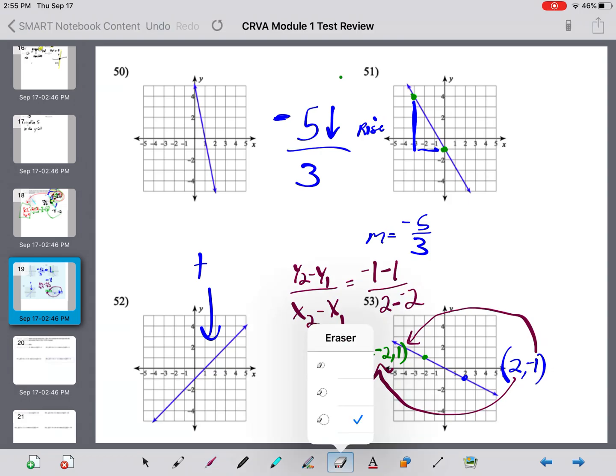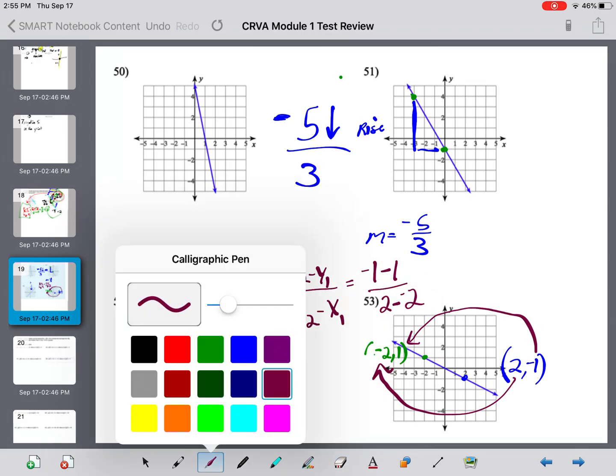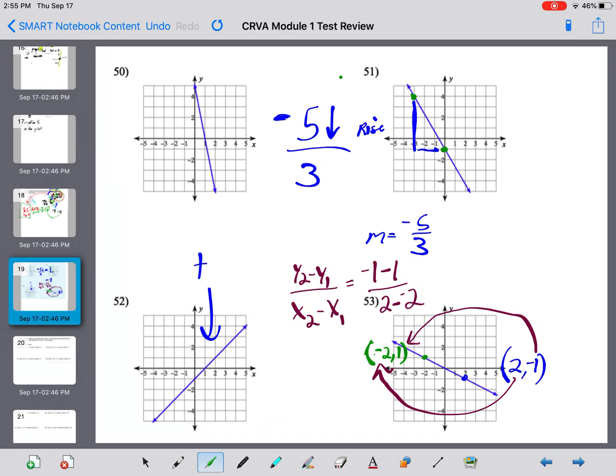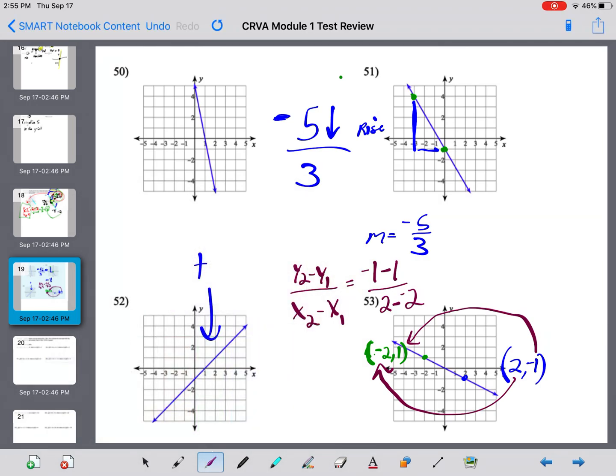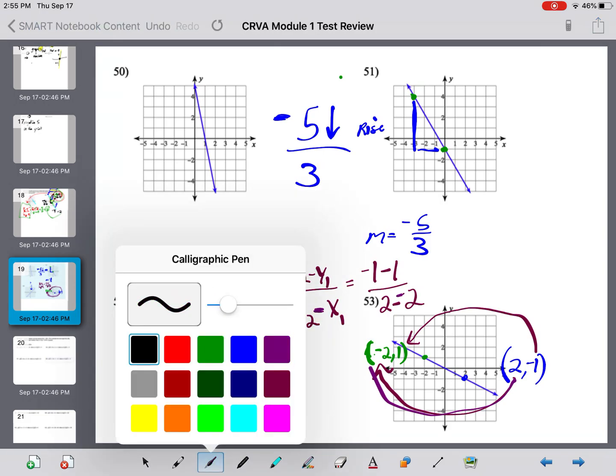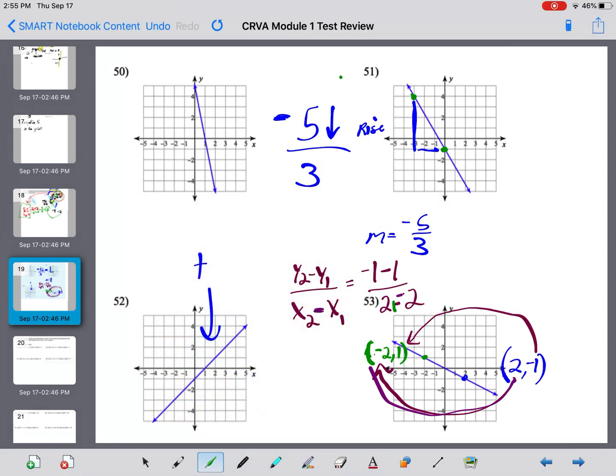It almost looks like I have 2 negatives here. That's not cool. I'm talking about the coordinate of this location. The location's negative 2, 1. But then, again, I do take positive 2, and I always subtract the coordinates, and that's a negative 2. So here I do have a double negative, and that will happen about half the time.